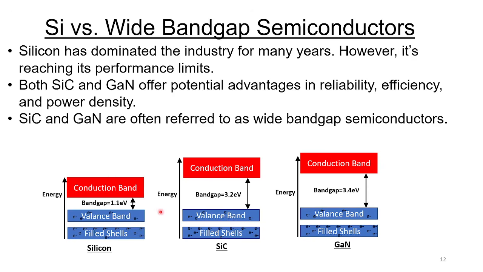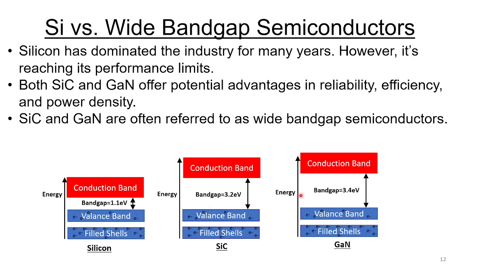In silicon, the band gap is about 1.1 electron volts. Silicon carbide has a band gap of 3.2 electron volts, and gallium nitride has a band gap of 3.4 electron volts. So these band gaps are significantly higher than silicon, about 3 times. However, they're not enough to make them an insulator.